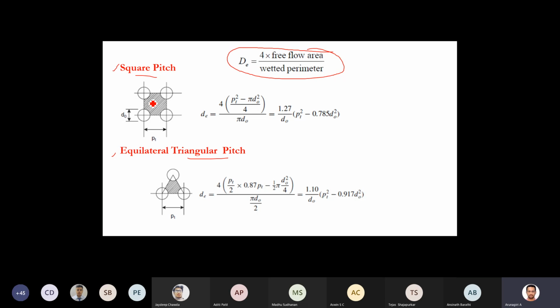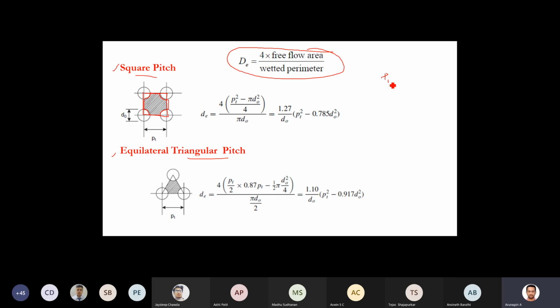What is the flow area? This is the area available for flow, the portion available for liquid to flow, the cross-sectional area available for flow. So what they have done? 4 times the flow area. How do you calculate the free flow area? This is the square, correct? So PT square.